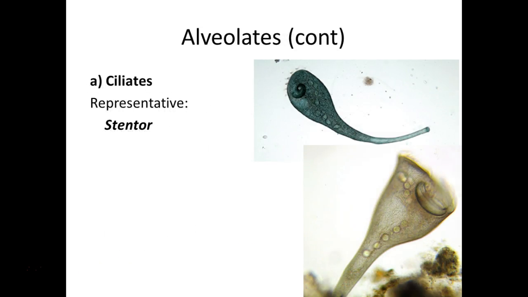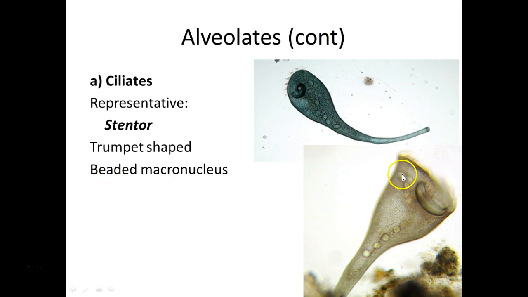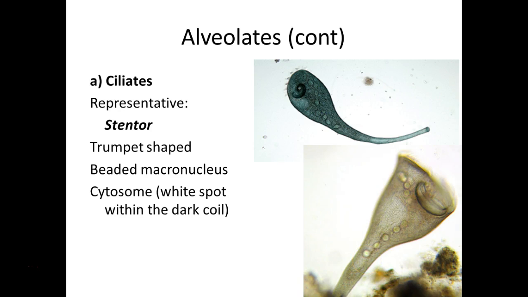Centaurs, again, these are ciliates covered in cilia. They swim around, but they can also attach to a surface. So most of the time they're going to be this really pretty trumpet shape, but they can kind of scrunch up too. So they're going to look all different on your slides because they're in suspended animation. They have a beaded macronucleus, right? So these dots all throughout, that's their nucleus, macronuclei, more than one.